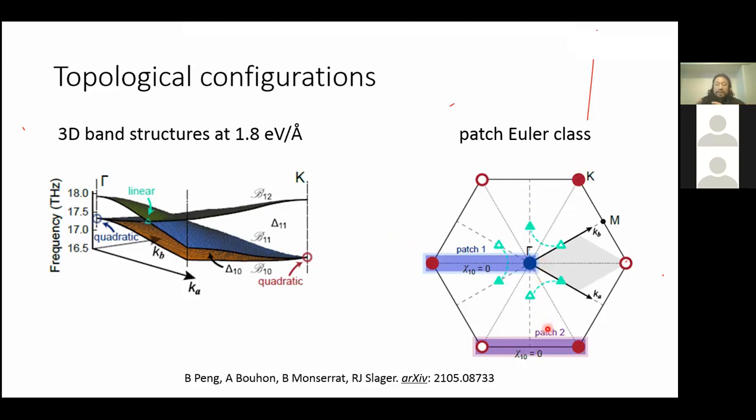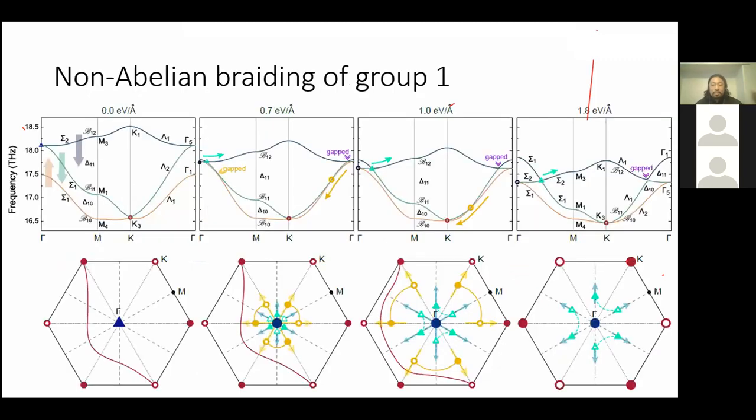And after we obtain all these Euler patches, we can just assign this topological charge to the different nodes and understand the braiding process. So basically, we first get the nodes in the Abelian zone, then we calculate the Euler patch, and then we understand how this braiding process happens. And this gives us the non-Abelian braiding of the bands in group 1.